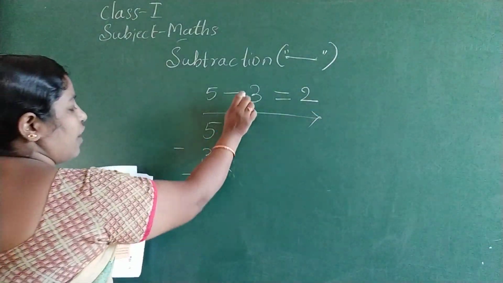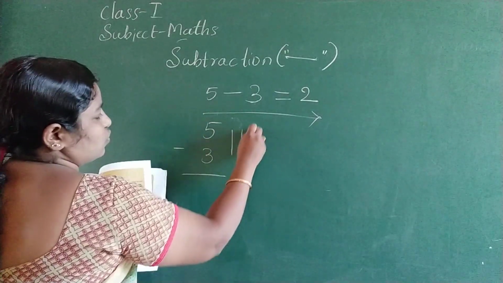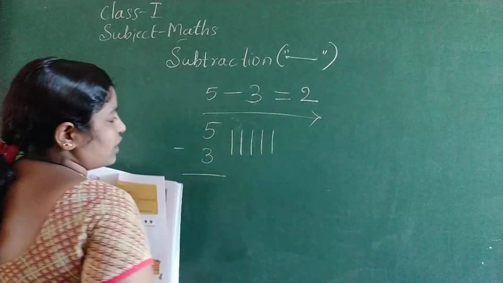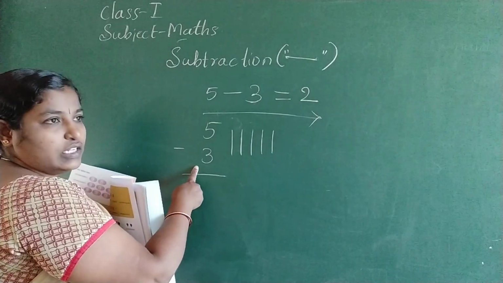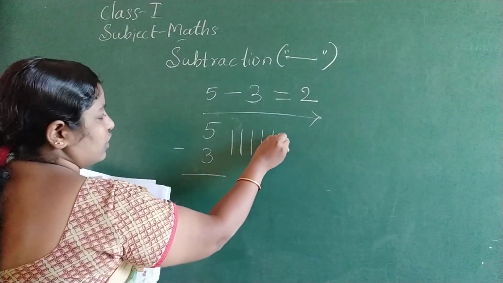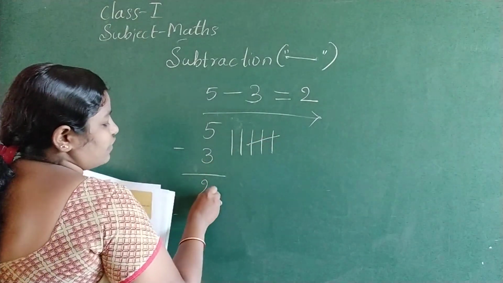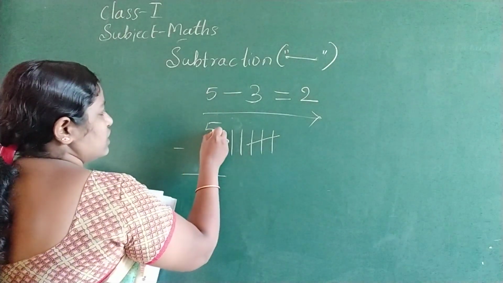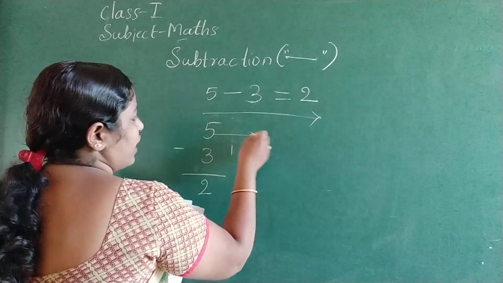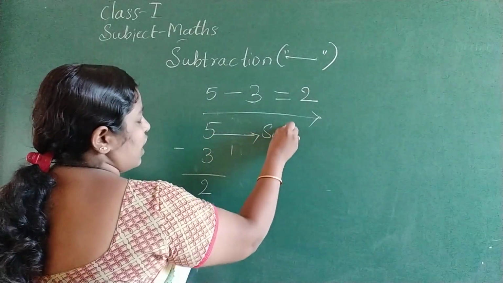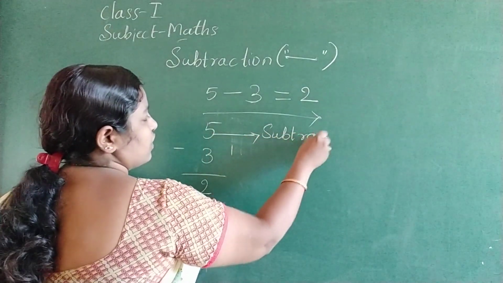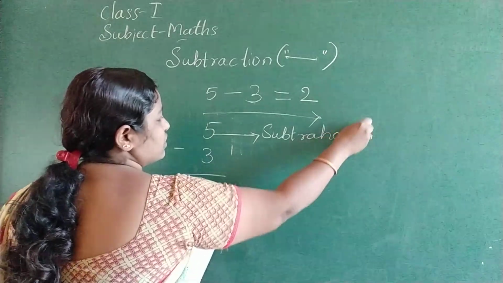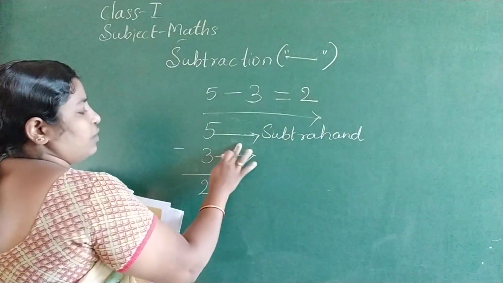Okay. Now 5 strawberries. 1, 2, 3, 4, 5 strawberries. How many have been eaten? 3. 1, 2, 3. So how many left? 2 have left. So this is called the subtrahend. Which number will be big?